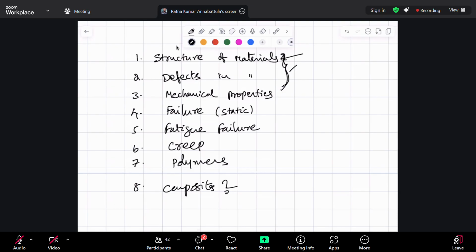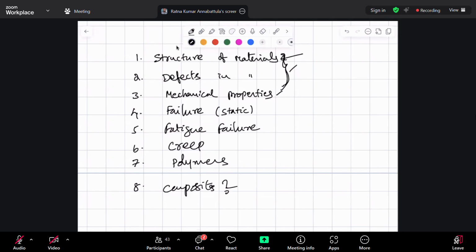The structure of materials. What do you mean by crystal structure? What kind of different crystal structures will be there in materials? The reason we need to learn about these things is that it forms the basis for understanding the mechanical behavior of materials, which will in turn explain why materials fail in a certain fashion.